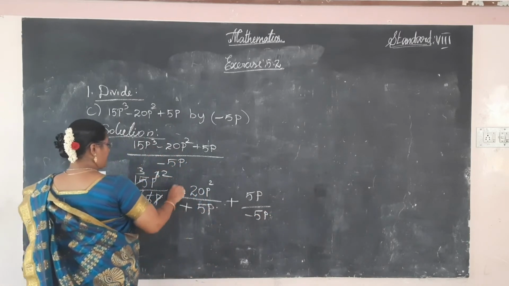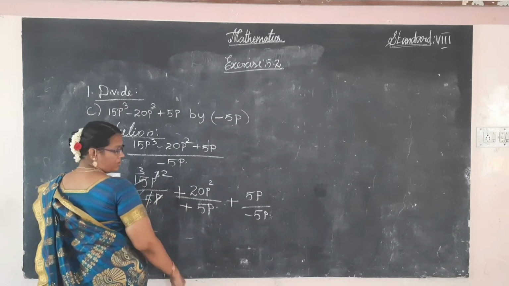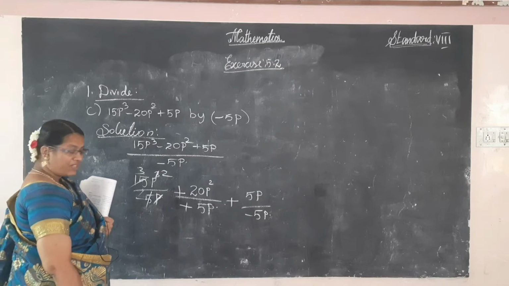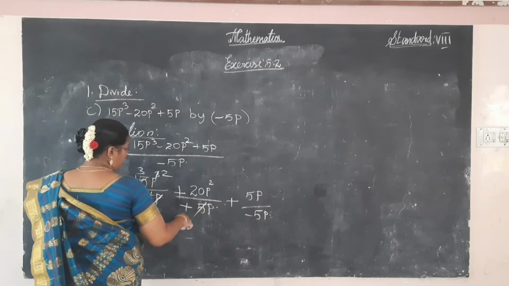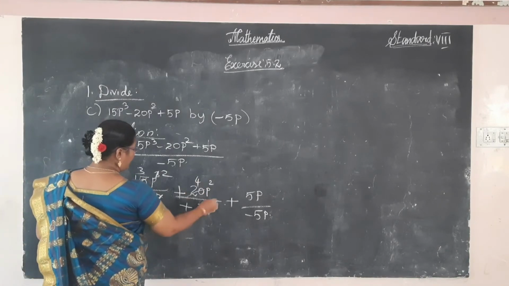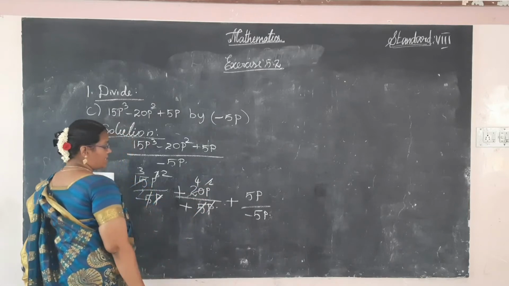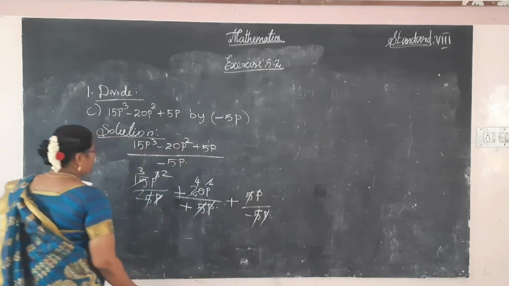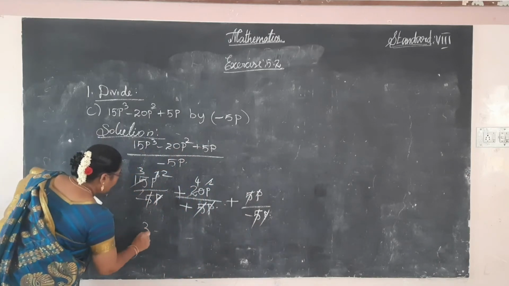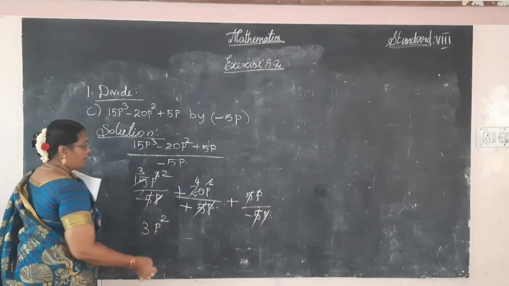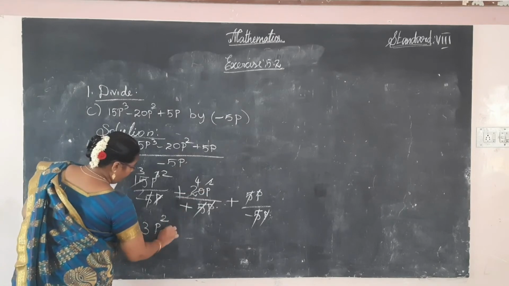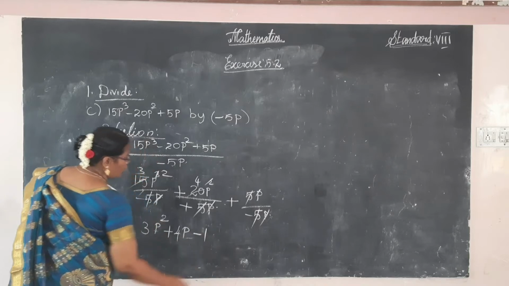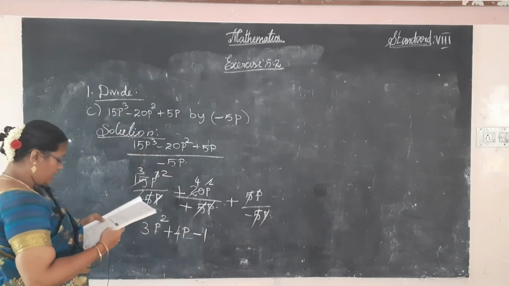So here minus minus plus. Division of minus by minus is plus. So it cancels: 5 threes are 15, p cancels. 5 fours are 20, p cancels in the numerator. Here 5 also cancels p. So what we get here: 3p squared plus 4p minus 1. That is the answer.